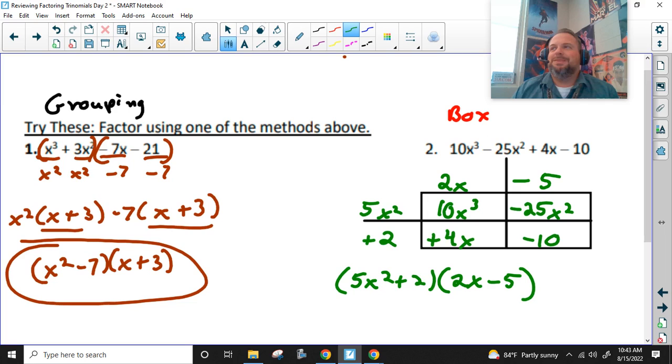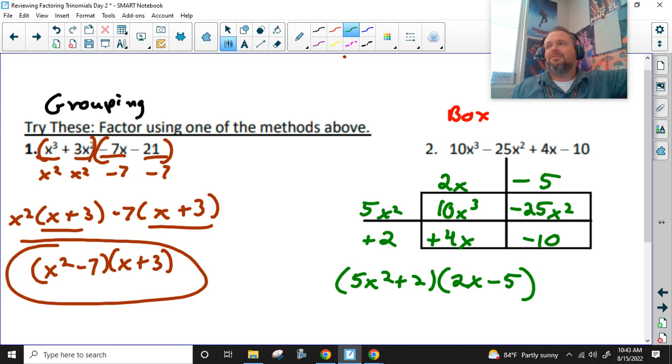Now, you don't like the box method? Huh? The box method? Yeah, I kept hearing. Listen, I didn't know about the box method until about 5 or 6 years ago. I know that's bad. I was teaching Algebra 1, and Miss Rice was in here, and all the students kept saying box method, box method. And I'm like, what the heck is the box method?